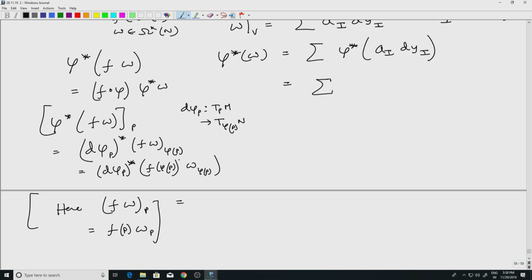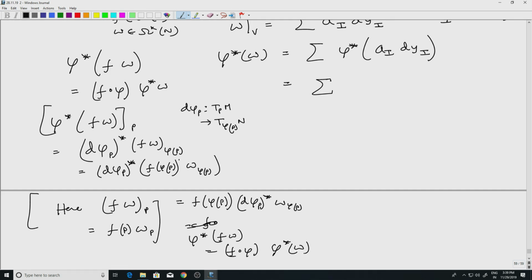Now f of phi of p is just a constant, so that comes out, and then I'm left with phi star omega at p. Dropping the dependence on p, a convenient way of writing it is phi star of f omega equals f composed with phi times phi star of omega. So that's how one gets this thing that I had here.